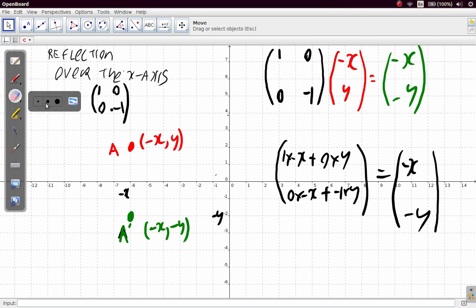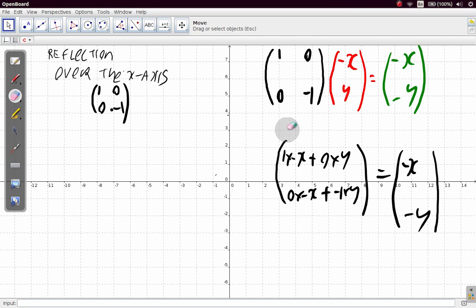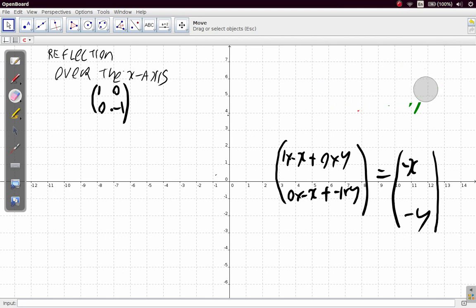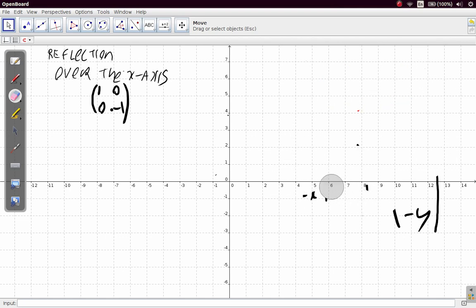Now let's do a more specific example. We have the triangle ABC, and the triangle ABC is such that A is at 1 1, so we have A here.